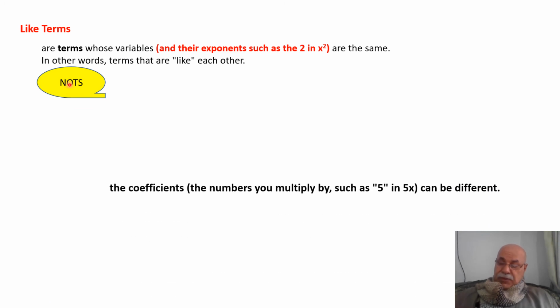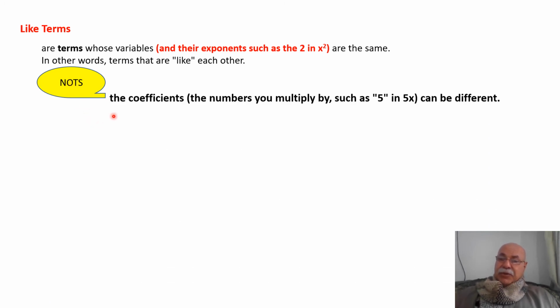In this note I put for you, in order to know the meaning of the convention: the number that is multiplied by the variable, as the 5 in 5x, can be different. The 5 in 5x is different here, not meaning the same value.